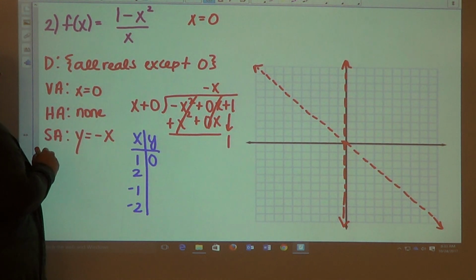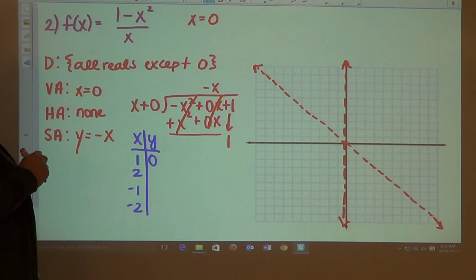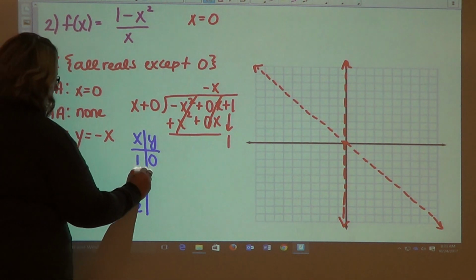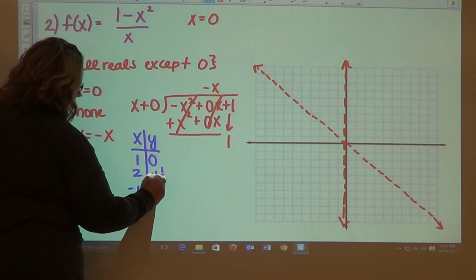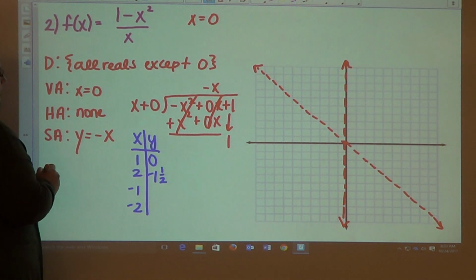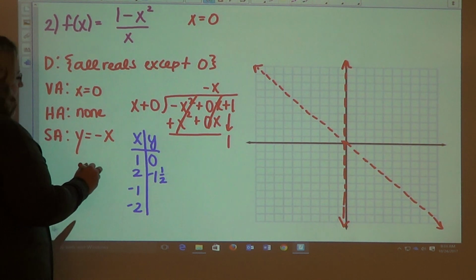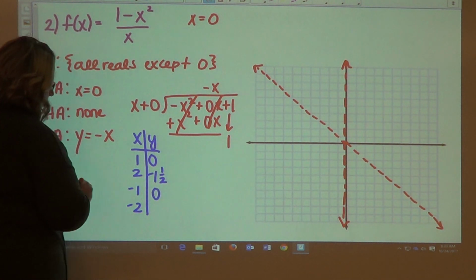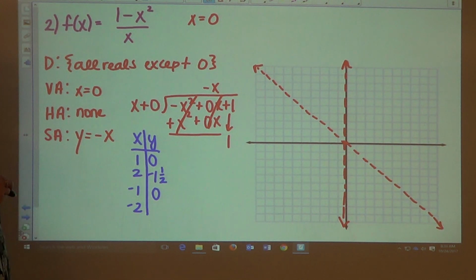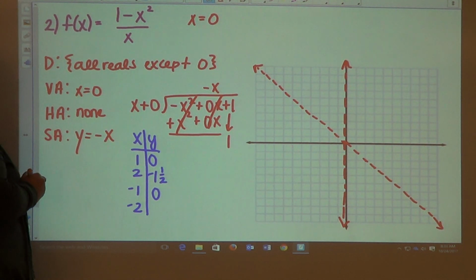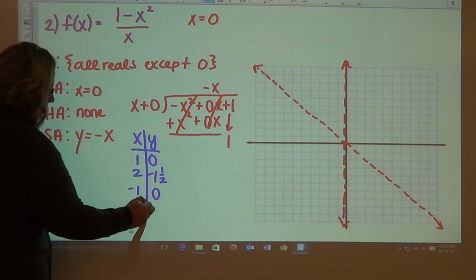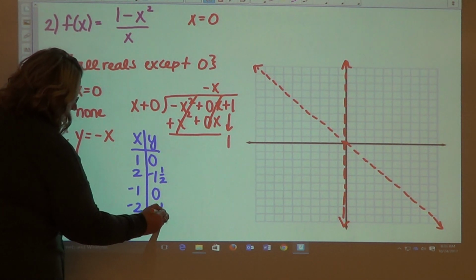So if I plug in 2, I get 1 minus 4, so -3, divided by 2, -1.5. And when I plug in -1, I get 0 on top. 0 divided by anything is 0. And when I plug in -2, I get -3 divided by -2, so this would be positive 1.5.